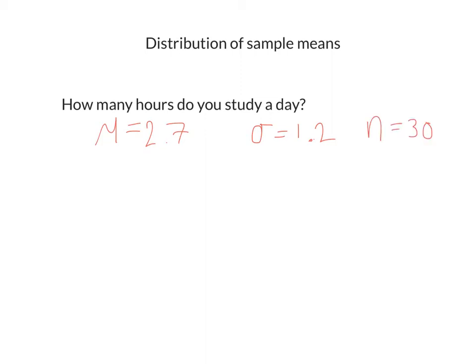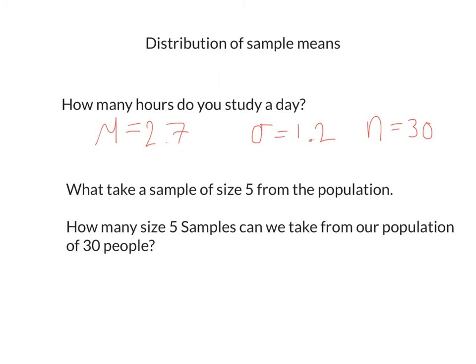Now from this, let's take the 30 people in the class, our population, and take a sample of size n from this population. So from a sample of 5 from the population, how many samples of 5 are there within our population of 30 people? This is actually just trying to figure out how many different combinations of 5 can be taken from 30 people.